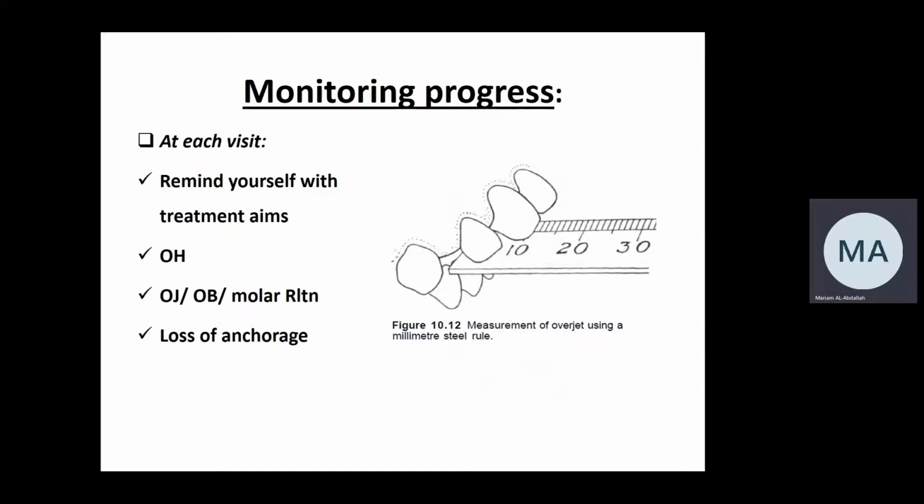I need to check loss of anchorage, and usually loss of anchorage is expressed by an increase of the overjet or movement of the anchorage unit toward the active components. So for example, if I want to push the labial segment buccally, the reaction is that the buccal segment will be pushed distally. So I need to check the molar relationship and check loss of anchorage.